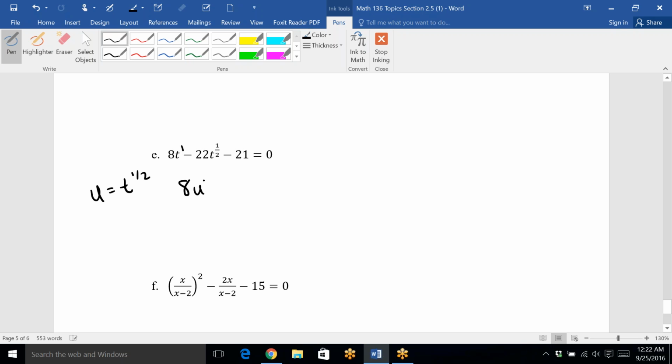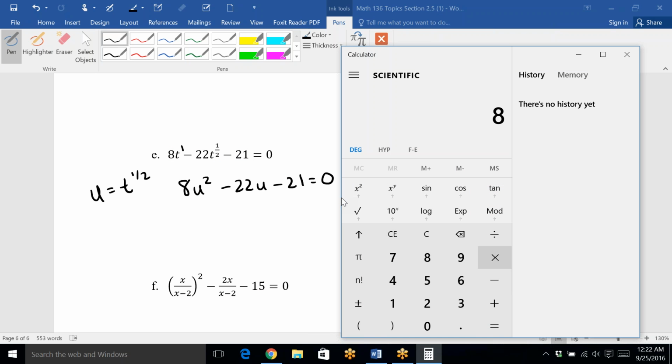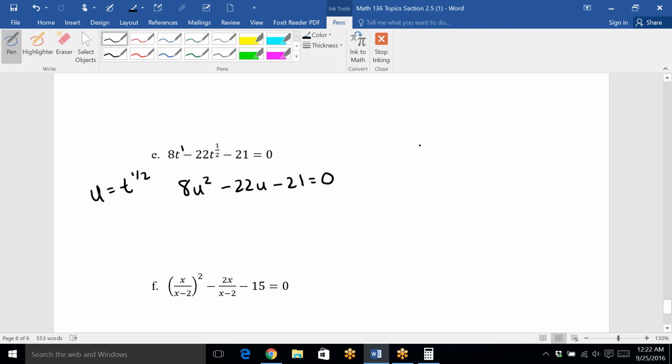So that would be 8u squared minus 22u minus 21 equals 0. We would need to do 8 times 21. So 8 times 21 is 168. And it's a negative because it's times a negative 21.